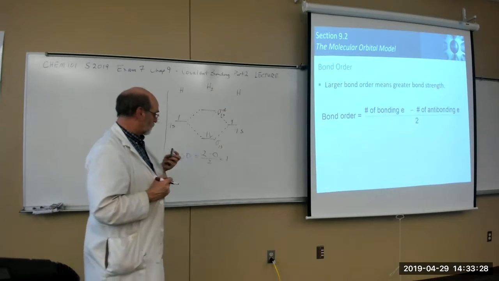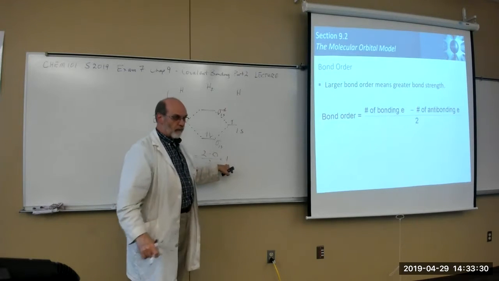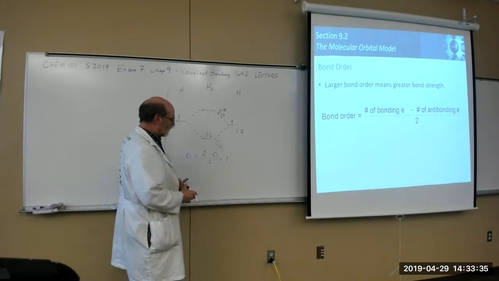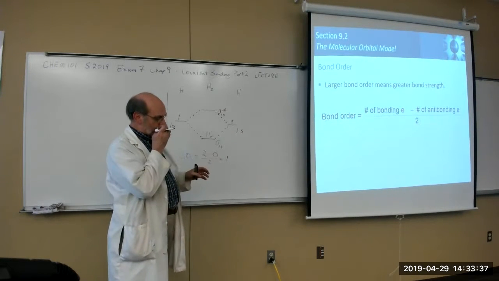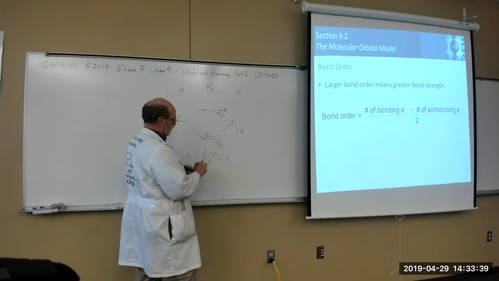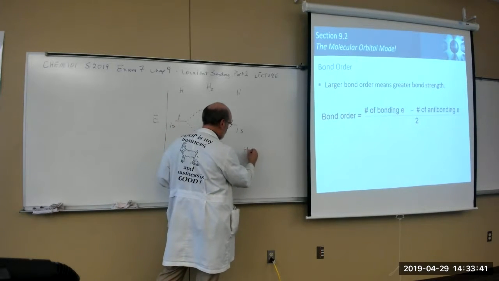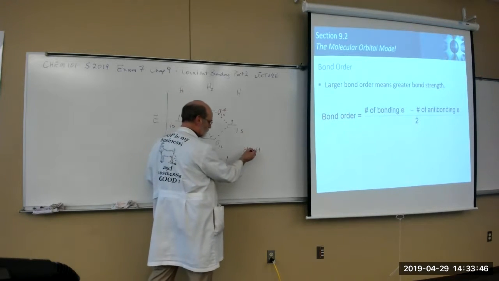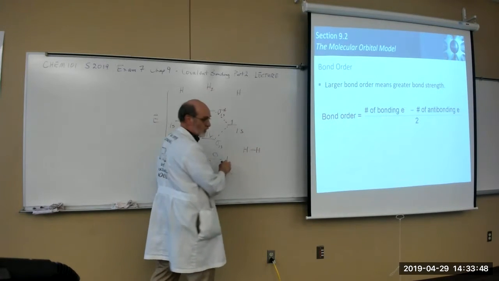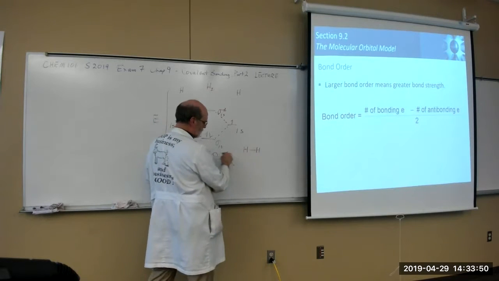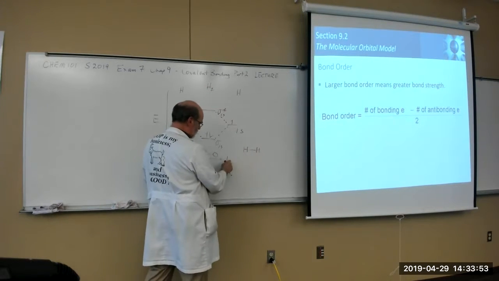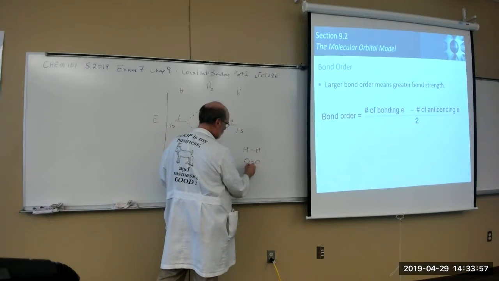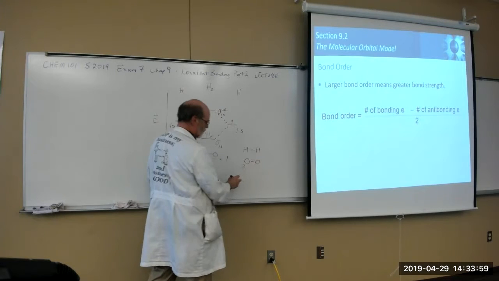Sometimes, when the bond order is a whole number, we can sort of allude to Lewis structures, but it's not strictly kosher. If you have 2 hydrogen atoms bonded with a single bond, because remember this line represents 2 electrons, right? Then a single bond is a bond order of 1. Whereas a double bond between oxygen would have a bond order of 2.